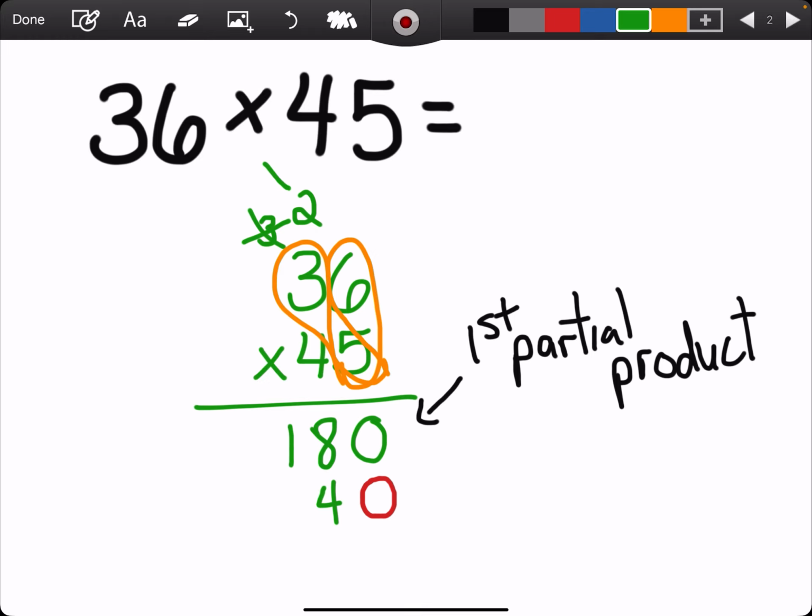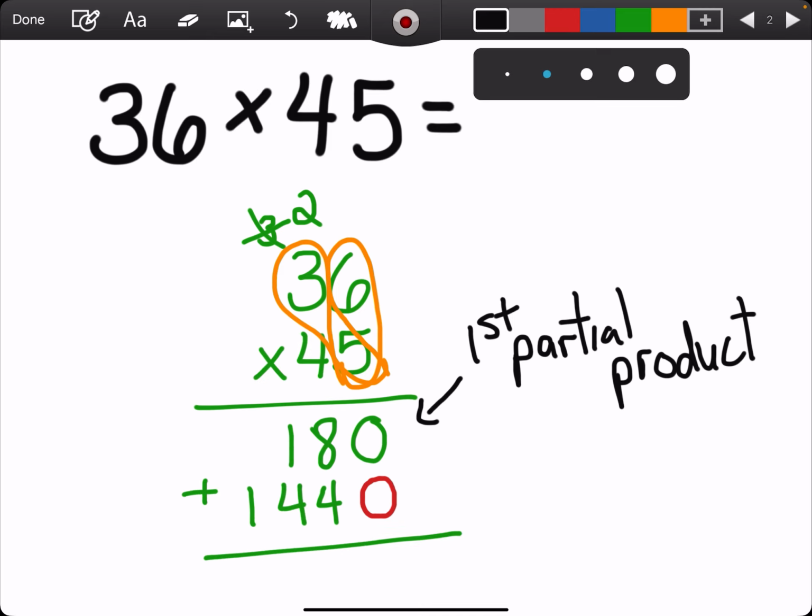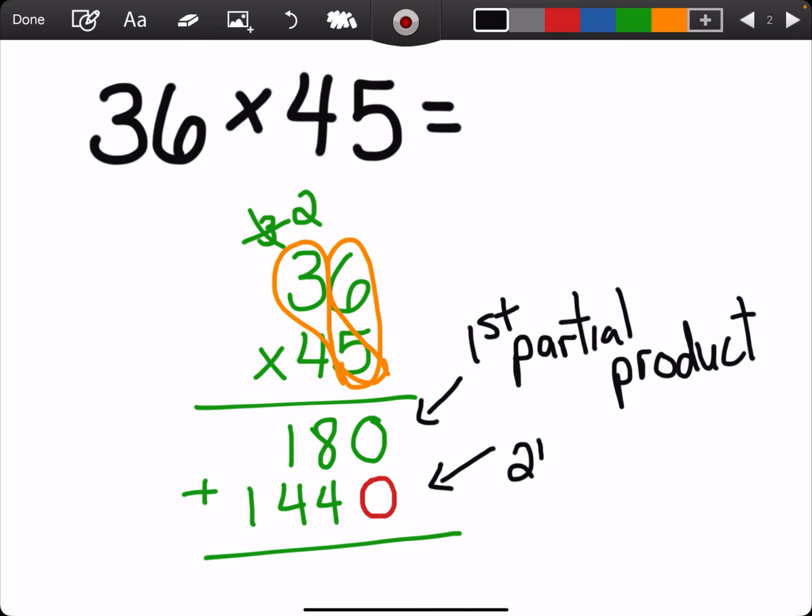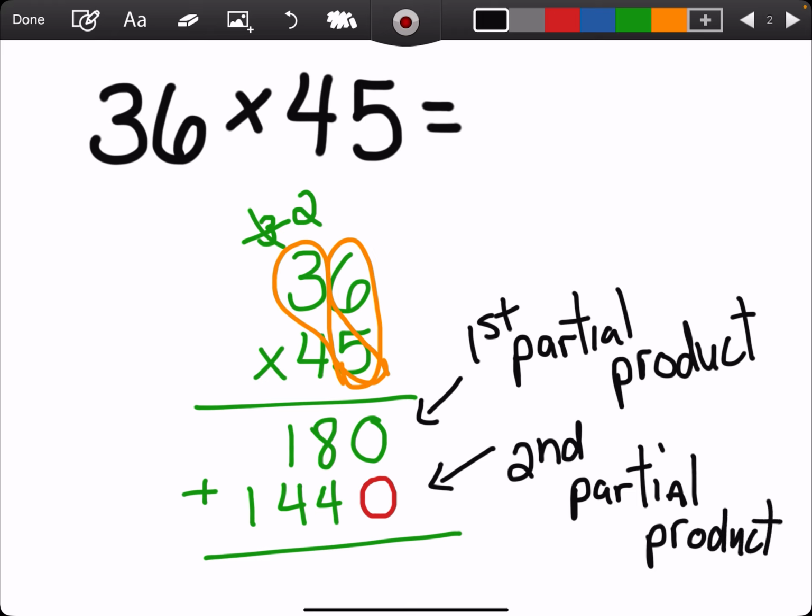Add that 2. Don't forget to add the 2, the number that you carried over, which would be 14, okay? Now, I'm adding because this is now my second partial product.